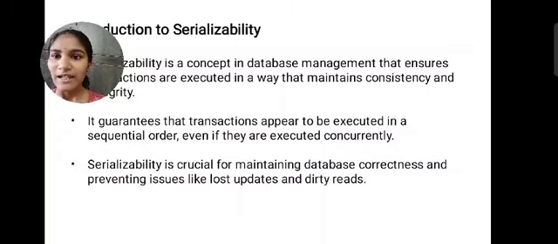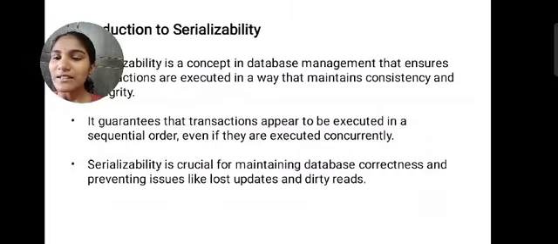So there are many consequences that occur during the parallel actions. So in order to avoid those issues, we are using serializability in order to get sequential transactions, that is serial transactions, to get the data consistently without interruption of any other parallel transactions.